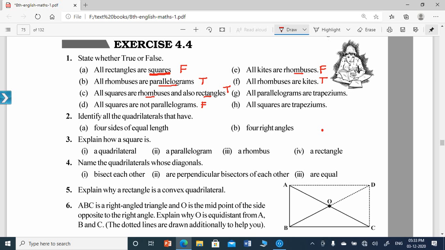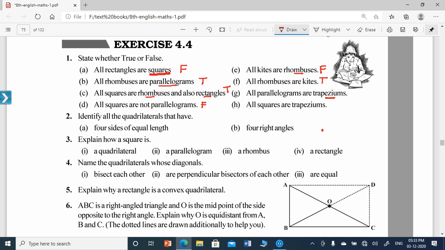True. All parallelograms are trapeziums. The main property of trapezium is one pair of sides are parallel. In parallelograms also one pair of sides are parallel.